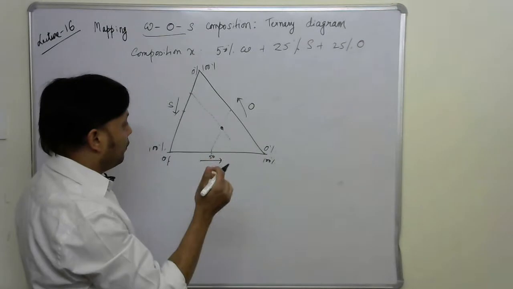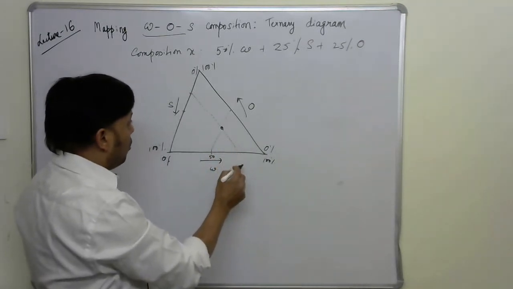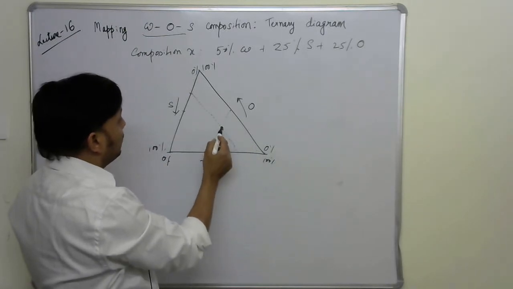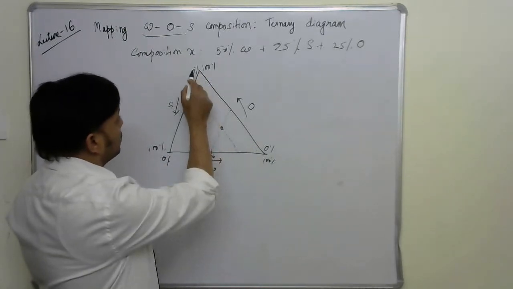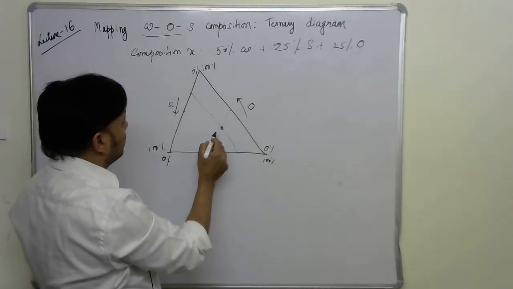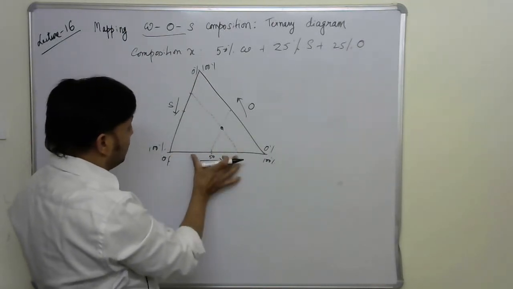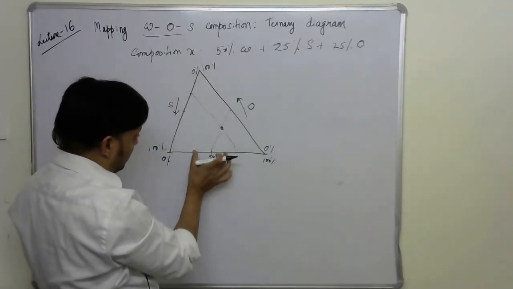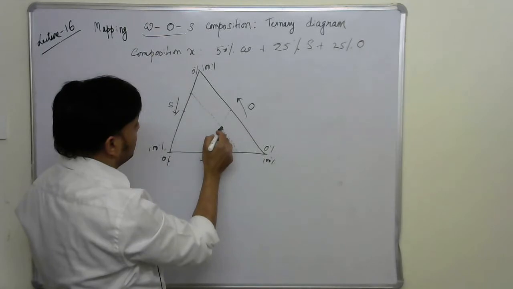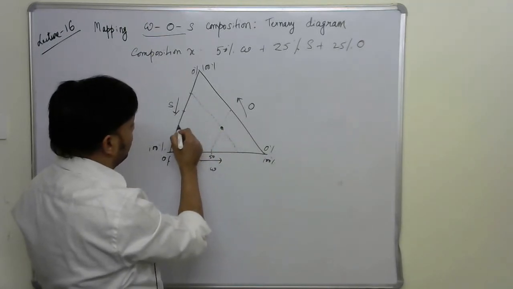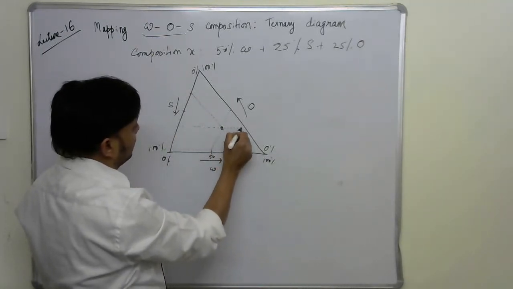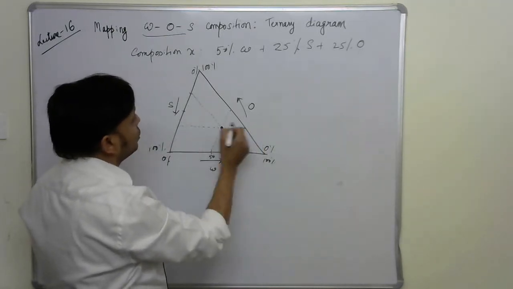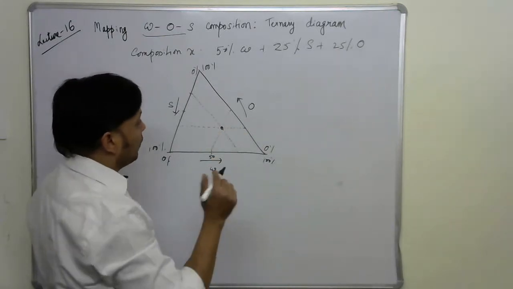So let's verify it. Where is my oil axis? So this is my oil axis. The line opposite to the 100% oil is this, and the line parallel to this having this composition would be something like this. So along this line anywhere the composition of oil is fixed at 25%.